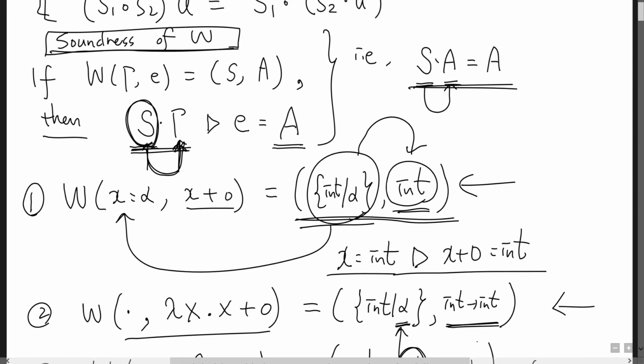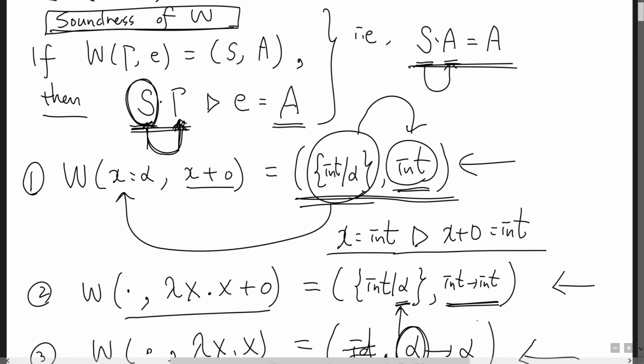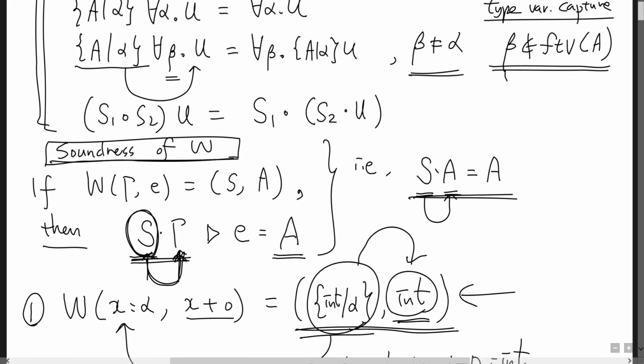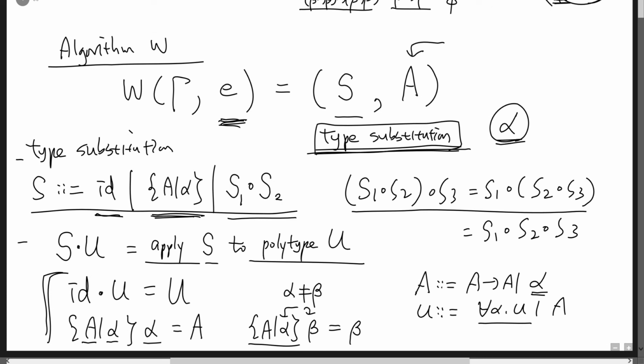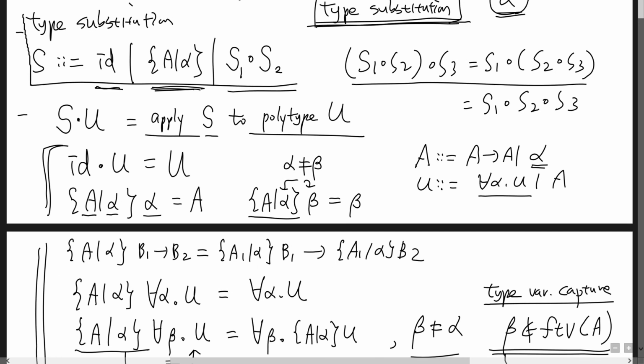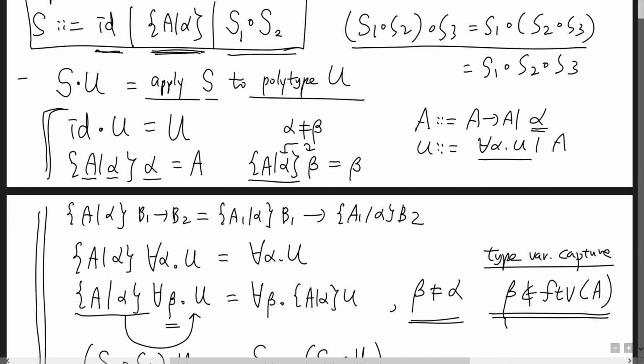So now we are really ready to develop the algorithm W, the details of the algorithm W, because now we have the problem statement. Algorithm W takes a pair of typing context and expression, and it is supposed to return a type substitution and a monotype. So that's the problem statement. We have formally defined the type substitution here.